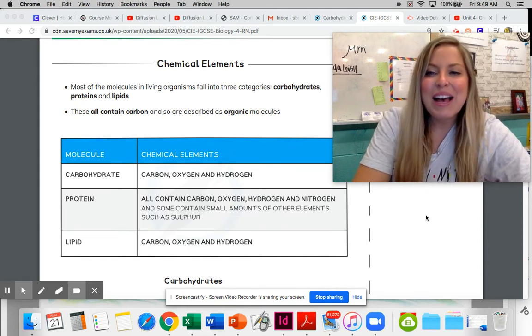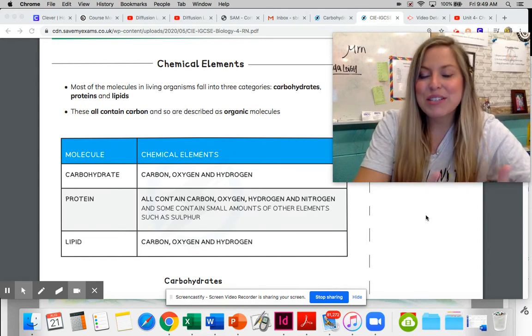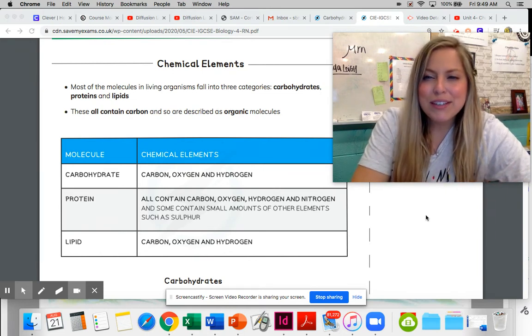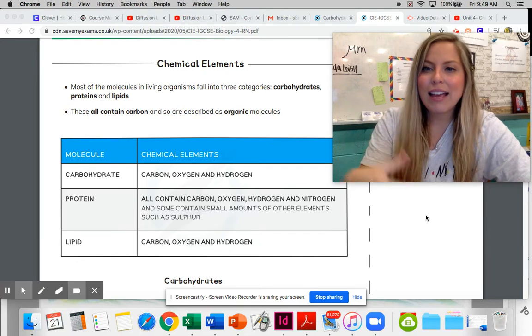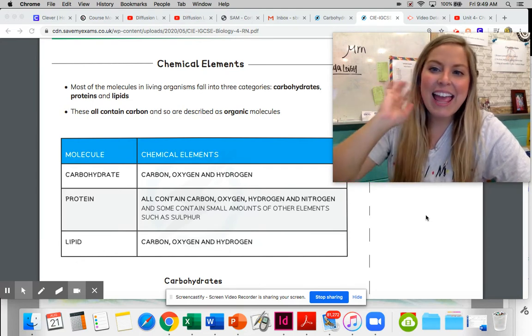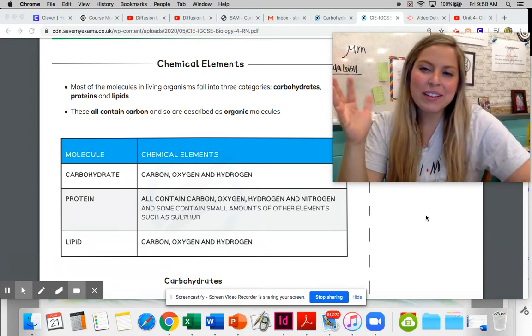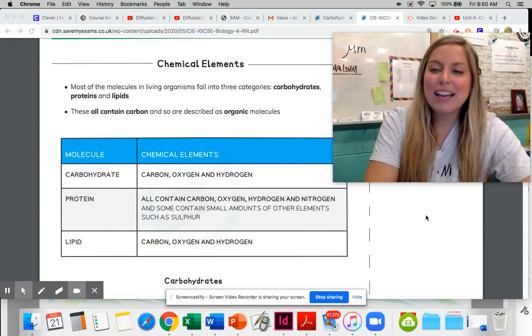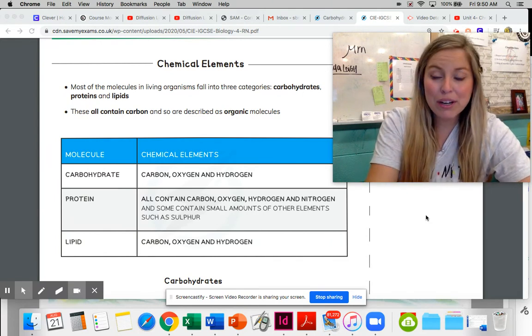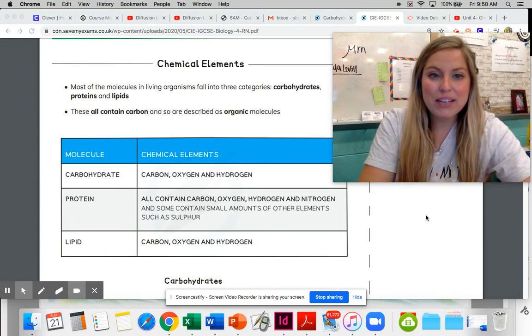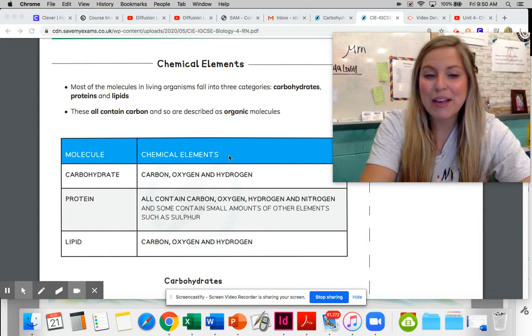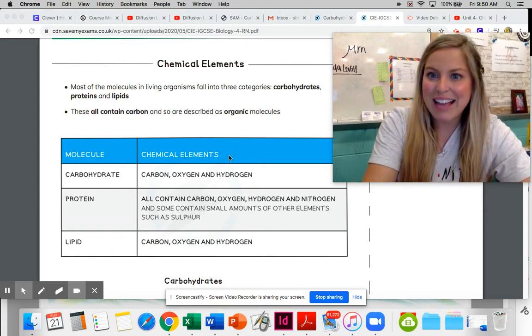So when we look at carbohydrates, proteins, and lipids or fats, we're going to watch an Edpuzzle in just a few minutes that has a neat little tagline with it to help you understand and remember what a carbohydrate is composed of as far as chemical elements go, what a protein is composed of, what a fat is composed of.